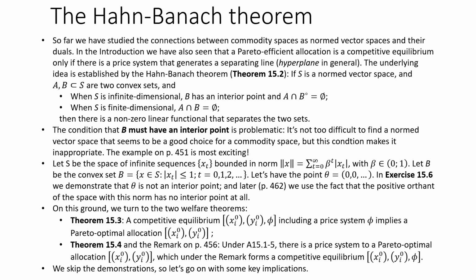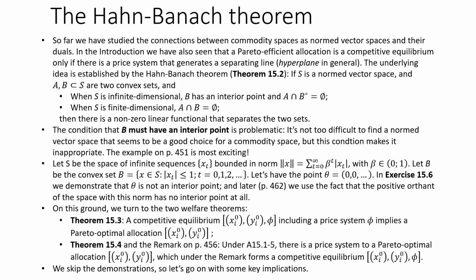If S is a normed vector space, and if A and B are subsets of this normed vector space being convex sets, and in the case where S is infinite dimensional and when B has an interior point, the intersection of A and the interior of B is empty, or in the other case, when S is finite dimensional, the intersection of the two sets is empty. So in these cases, there is a non-zero linear functional that separates these two sets.